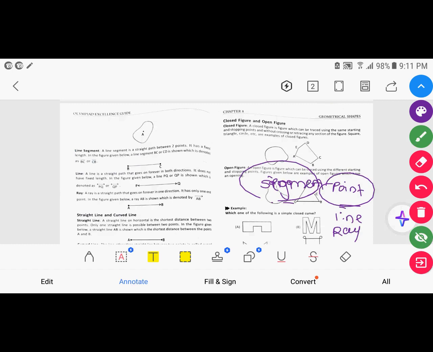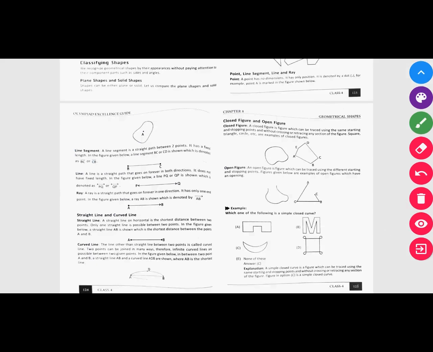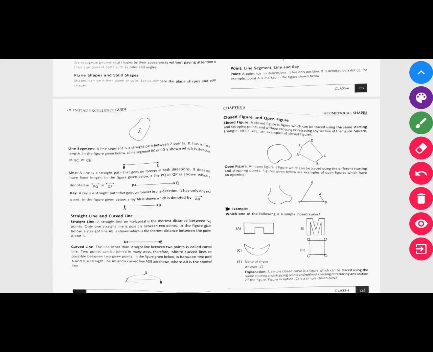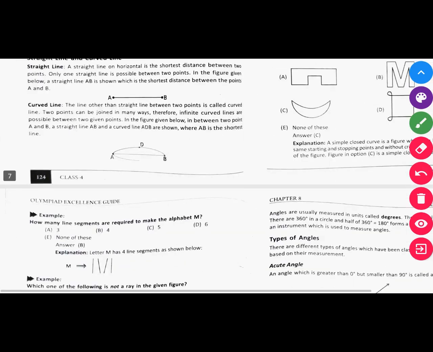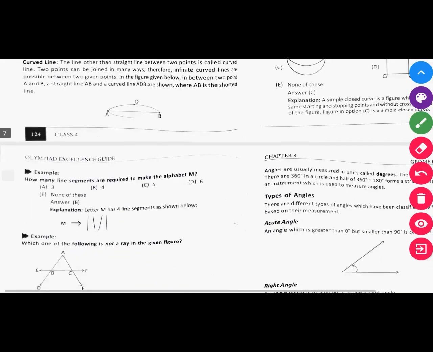Because the main geometrical figures, the triangle, rectangle, square, are made up of, or are the composition of, all these things like dot, that is point, rays, line segment, and all.